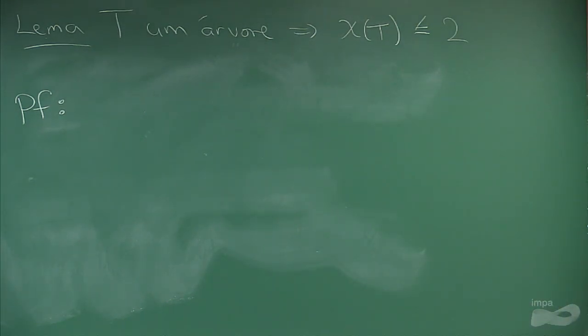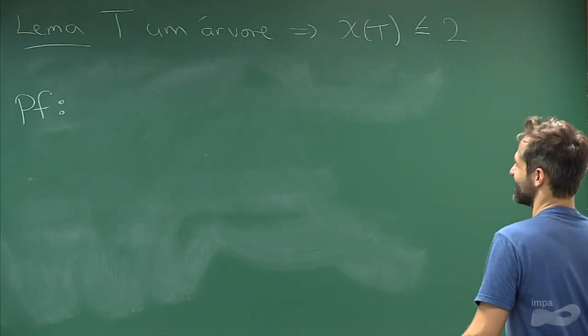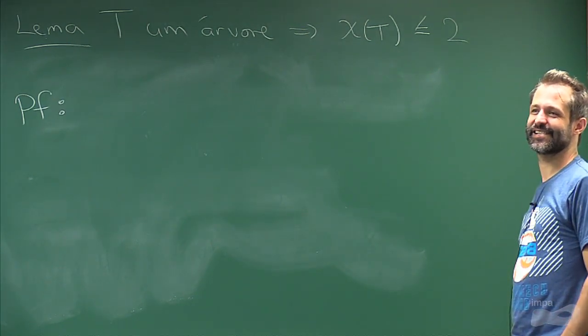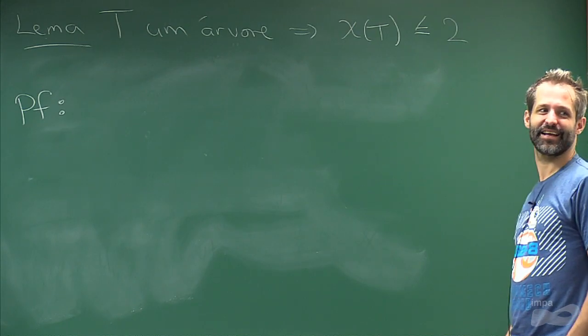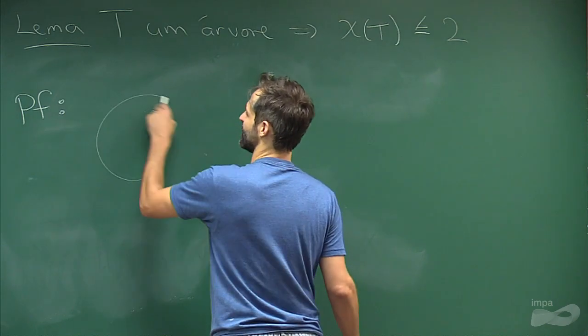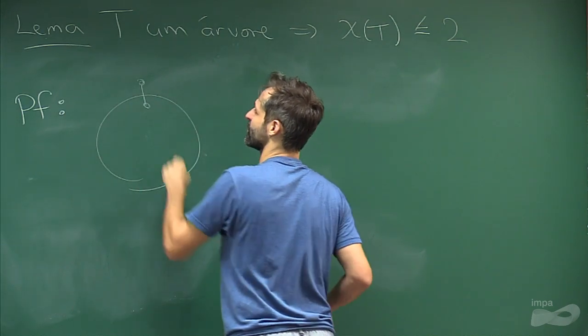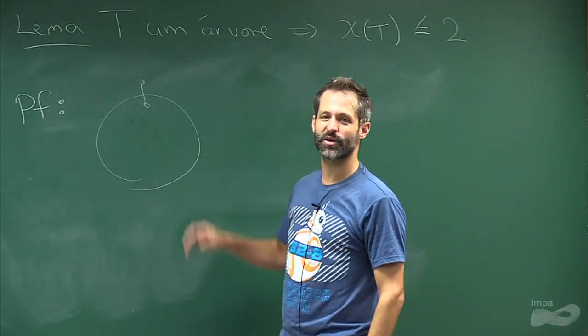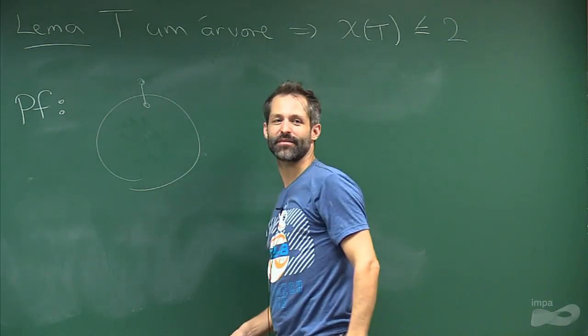Start colouring. Yeah, so what we do is remove a leaf, right? Every tree has a leaf. By induction, you can colour the rest with 2 colours, and then the leaf gets the opposite colour from its neighbour.